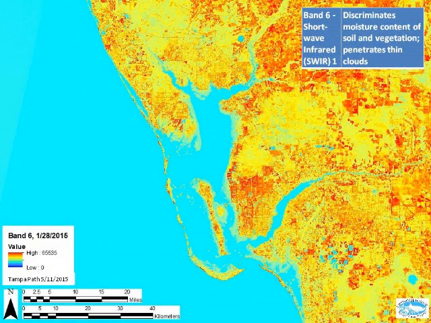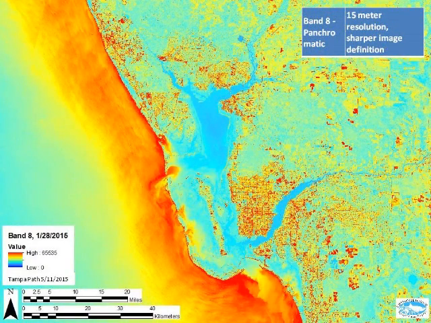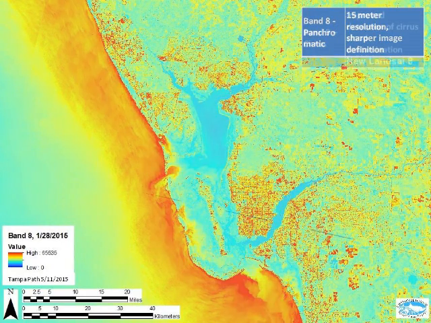Another exciting band is the shortwave infrared number 1, and it discriminates moisture content of soil and does other neat stuff. And then shortwave infrared 2. Those are both in older Landsat missions. Then there's panchromatic. It's a more detailed one, but it doesn't do anything other than make things look pretty.